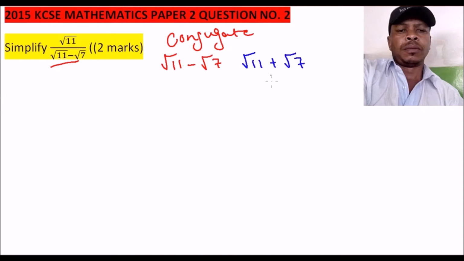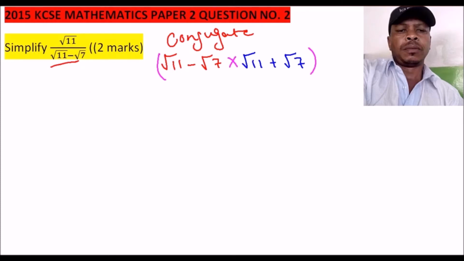Ile kitu tunabadilisha ni sign. Hapa tuko na plus na hapa tuko na minus na hapa tuko na plus. Ukimultiply hizi mbili utapata surds zitatoka. Kwa hivyo tutatake hiyo principle ili tuweze kutoa surds kwa denominator.